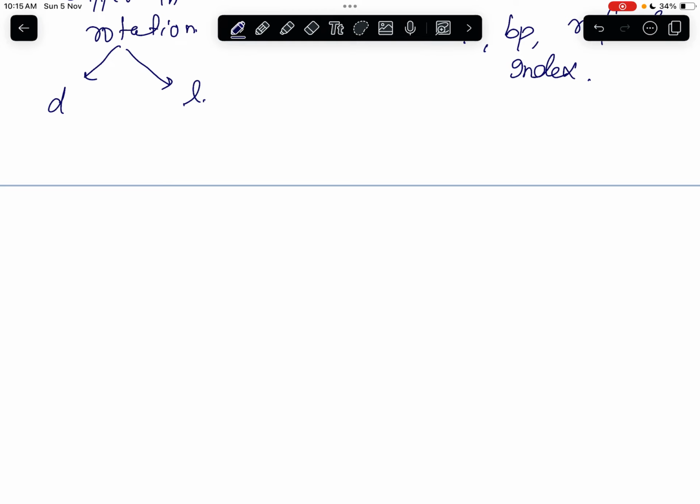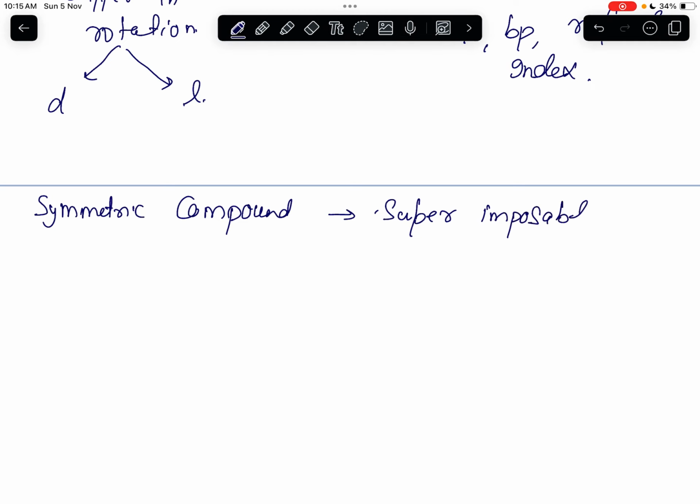So in the case of a symmetric compound, the mirror image is superimposable, so the compound is achiral.